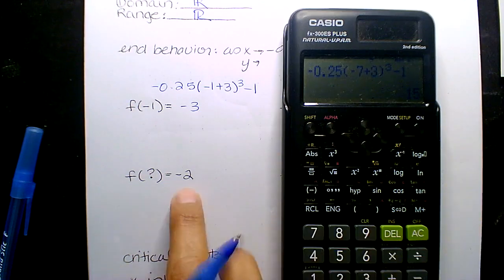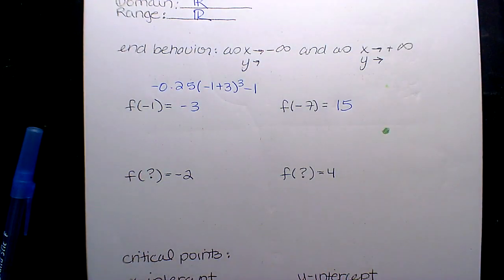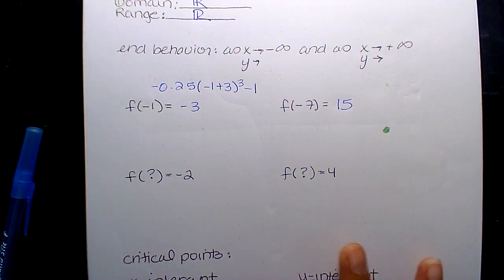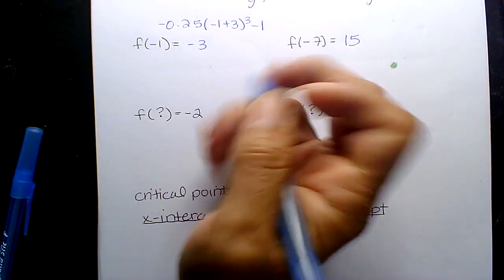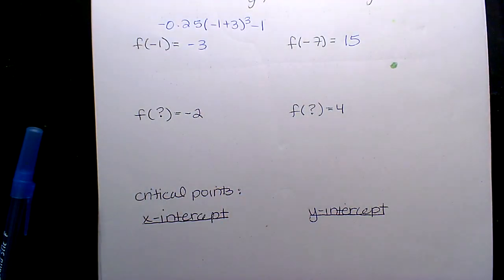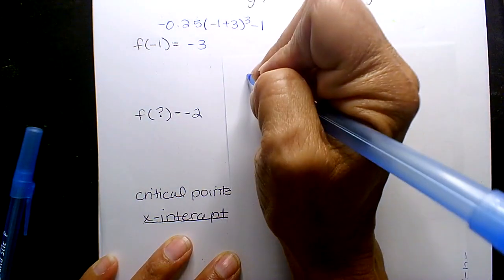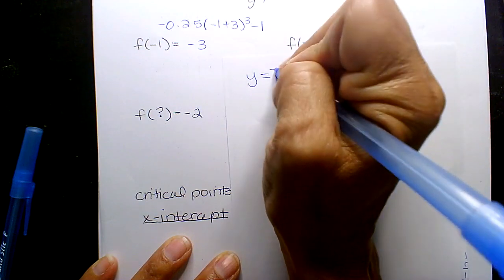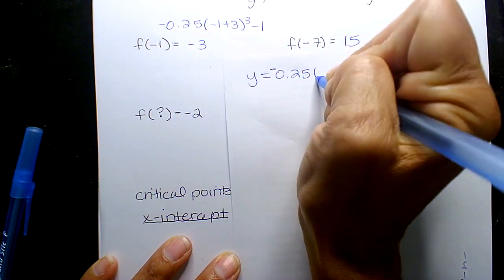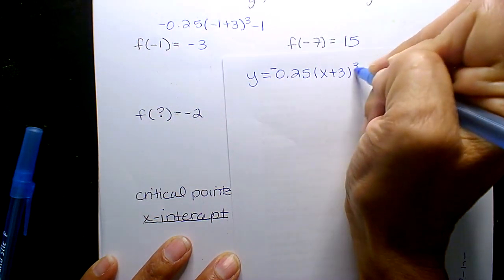Okay. All right, so now you have to find the X values given the Y values. So they give you the output, what's the input? And so you have to solve. Let me write bigger. So this is y equals -0.25 times (x plus 3) cubed minus 1.